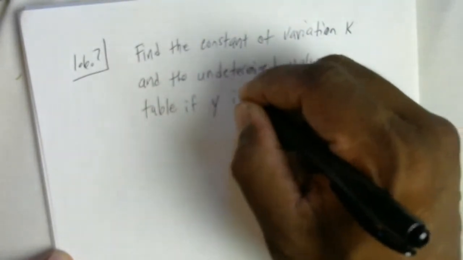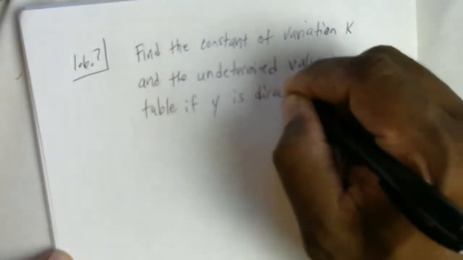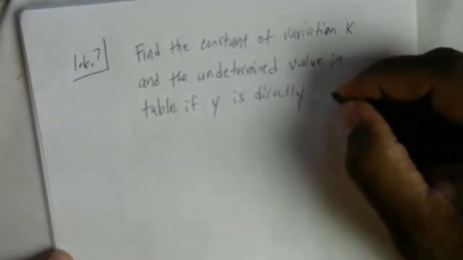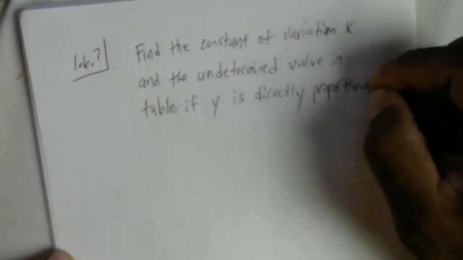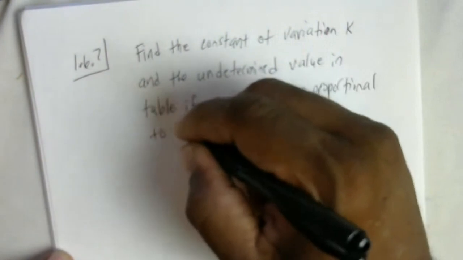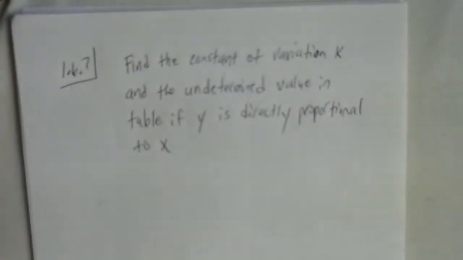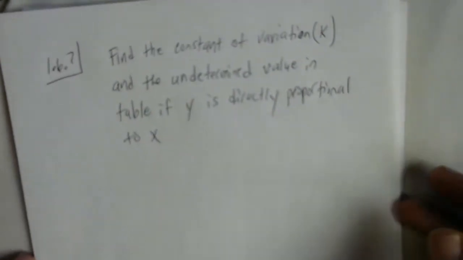if y is directly proportional to x. So we're asked to find the constant of variation, which is k, and the undetermined value in the table if y is directly proportional to x.